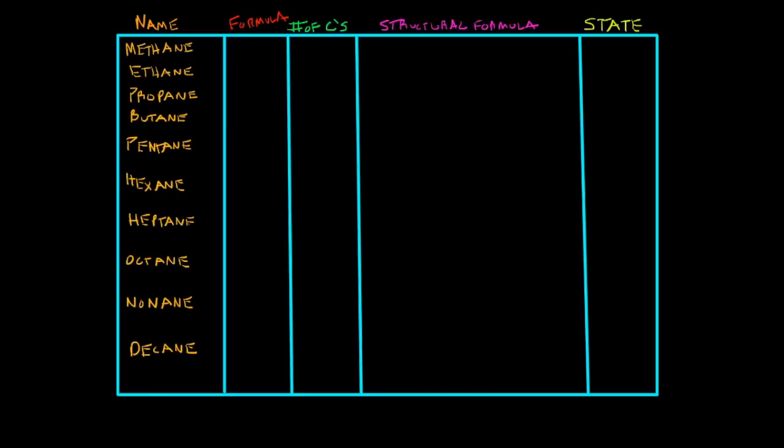And down at the bottom here, I'm just going to do a quick little side note. For linear alkanes, the way you figure out how many hydrogens there are is, say you have C with N carbons, then you have H with 2N plus 2.